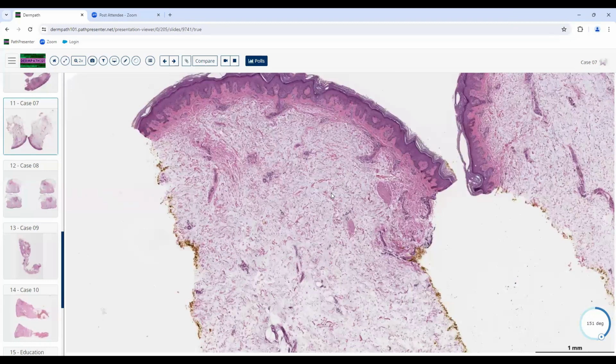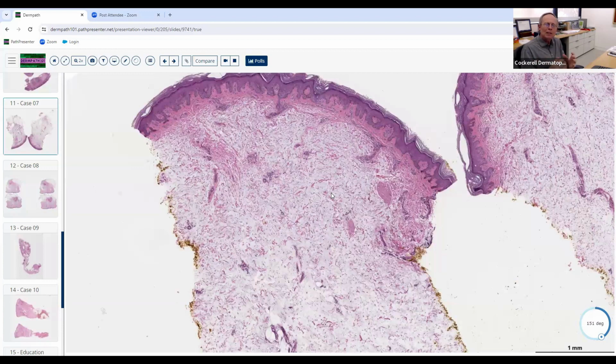Like REM, reticular erythematous mucinosis. You get quite a bit of mucin in REM, but usually that looks more like tumid lupus erythematosus. You'll get the lymphocytic infiltrates, and you'll get mucin in the dermis, but you'll still have plenty of collagen in there. Same thing with GA. You can get quite a bit of mucin in that too, but you'll still get the histiocytes and the palisaded pattern. So you usually don't get the sea of mucin like you see here.